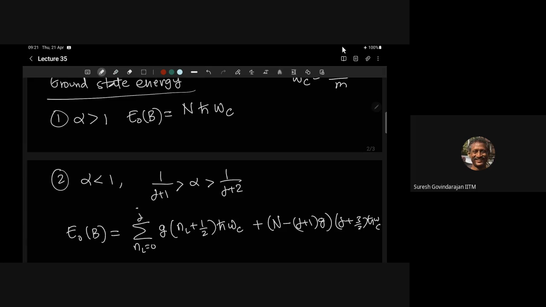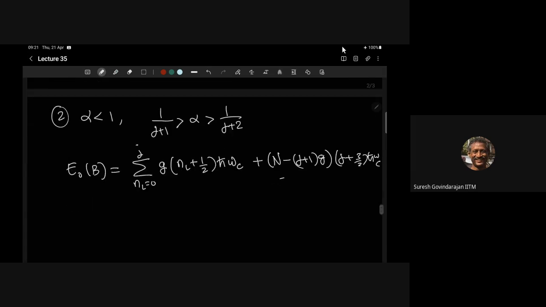Is this clear? I've just worked out what the remaining electrons contribute from the j plus 1th level. Now these are sums we can just do, summing over NL. That's not hard to do.